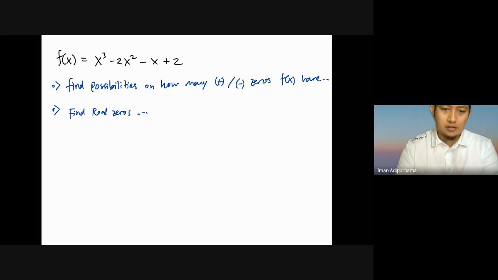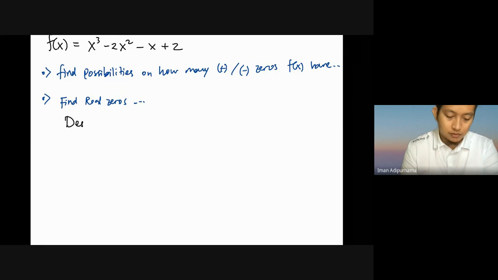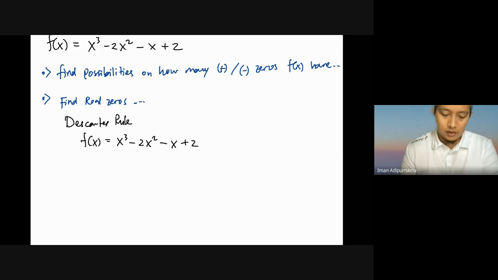Okay, let's go back to the course today. To find possibilities, one way is using the Descartes rule. Let me write one more time. This is positive to negative. This is 1, and this is second.